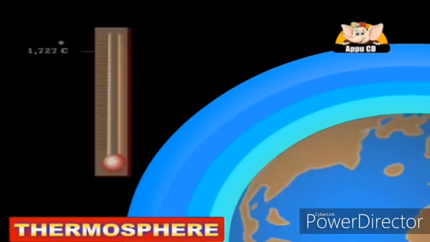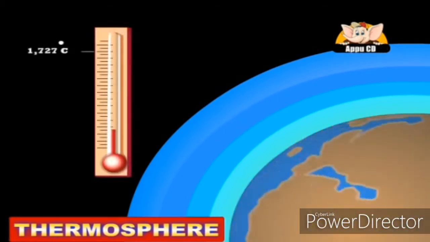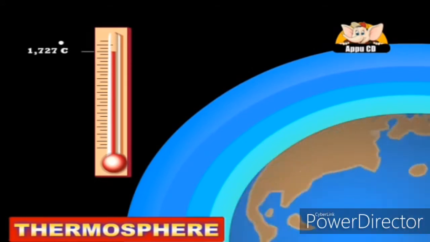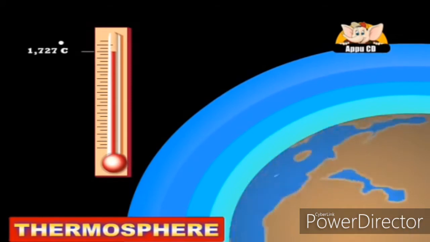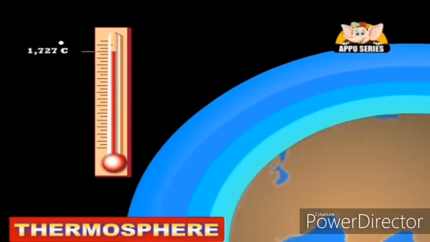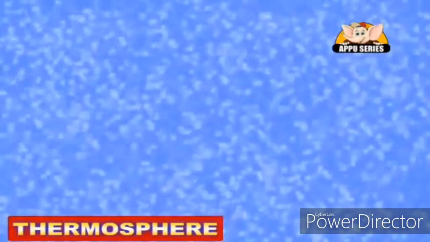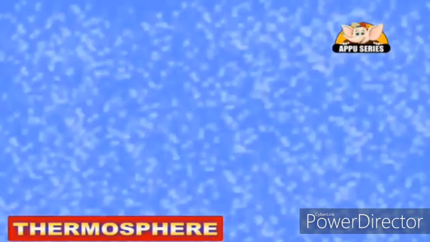Temperatures in this region can go as high as 1,727 degrees Celsius. Chemical reactions occur much faster here than on the surface of the Earth. This layer is known as the upper atmosphere. The thermosphere also includes the ionosphere, a region which is filled with charged particles.